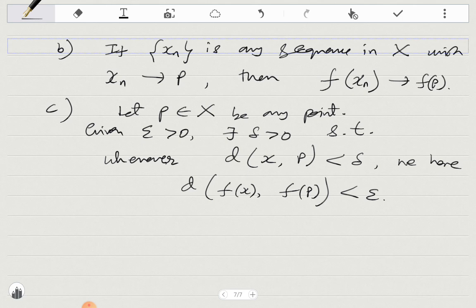So the open set definition, the sequence definition, and the epsilon delta definition of continuity are all equivalent.